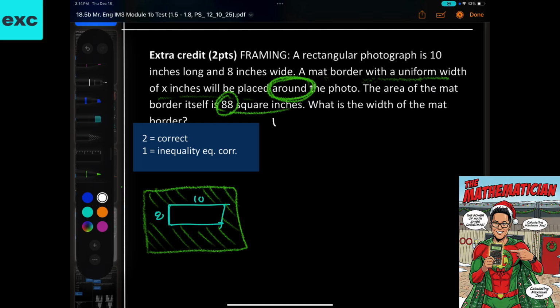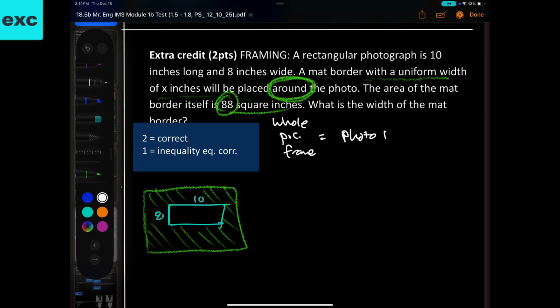Okay, so this is how I think of it. The whole picture frame is equal to the photo plus the frame. So the photo is the blue part, and that blue part is 8 times 10, which is 80.